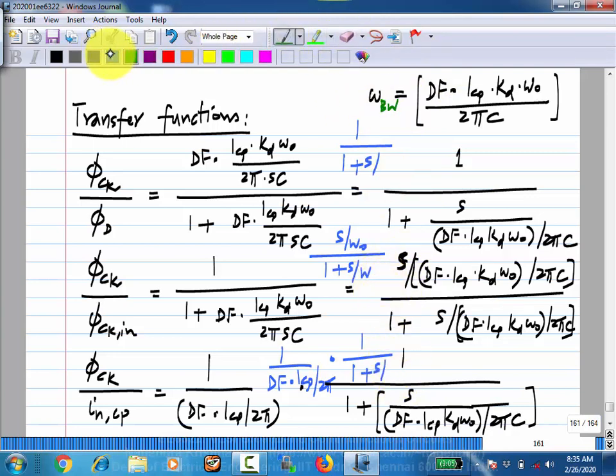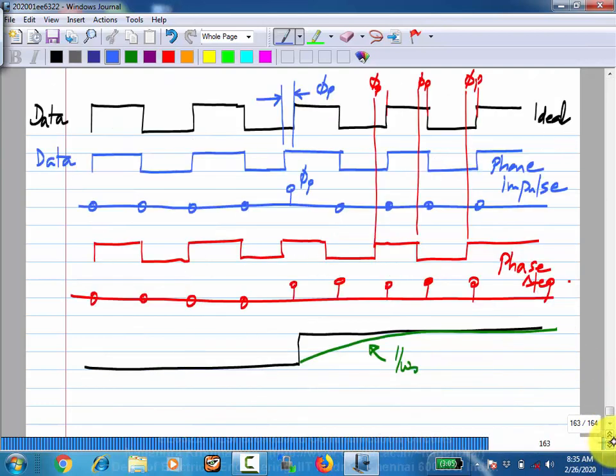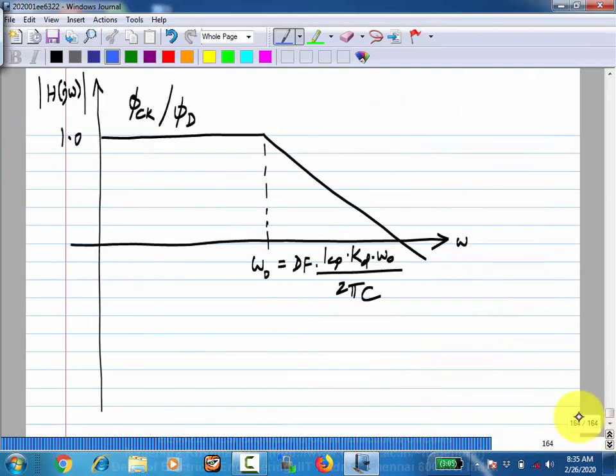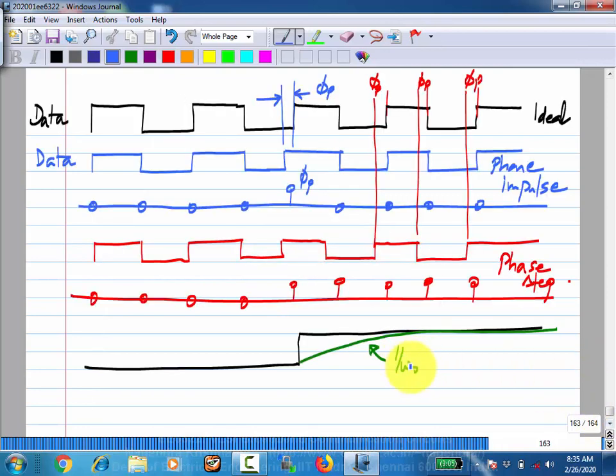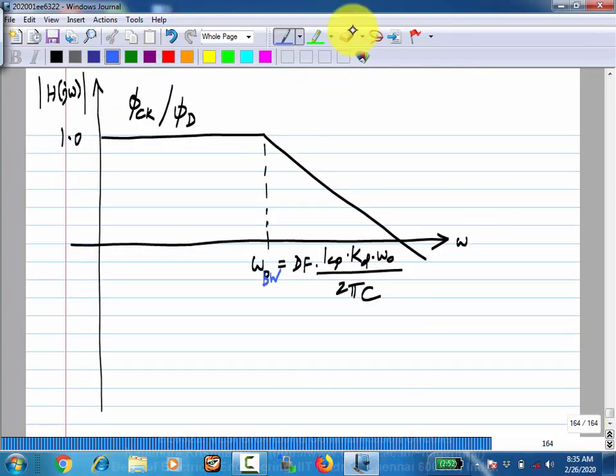Let me use omega BW to indicate the bandwidth. Now the bandwidth has all these terms here: df, ICP, kd, omega naught by 2 pi c. Does it make sense?